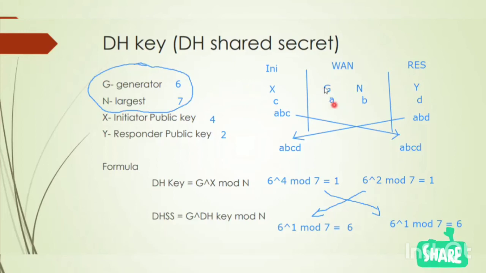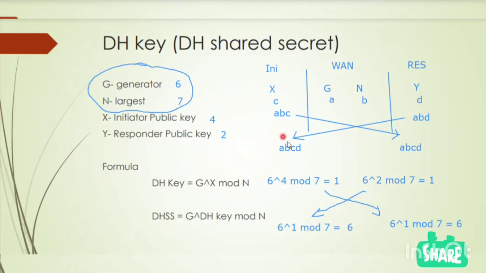Okay, so the G and N values are in the public domain, and the X and Y values are in the private domain. Now they are calculating the DH key, which is A, B, C, because the G value is A, the N value is B, and the private key is C. Here the private key is D, so A, B, D. Now they are sharing.